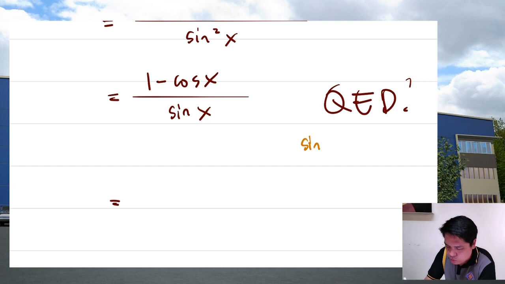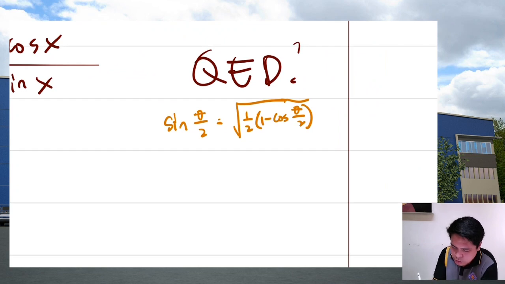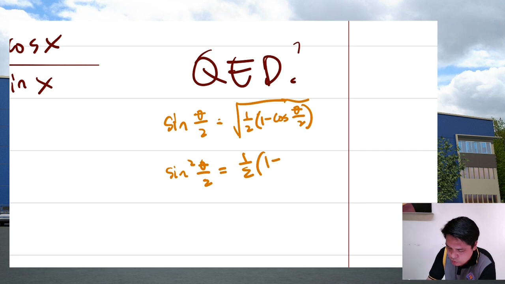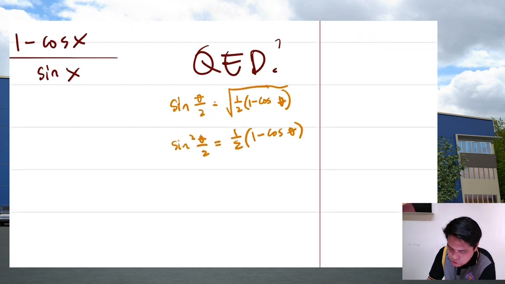The sine of theta over 2 is equal to the square root of 1 half times 1 minus cosine theta over 2. Okay? So, therefore, sine squared theta over 2 is equal to 1 half 1 minus cosine. Oh no, sorry. This should be theta. Distract lang. That should be theta. Ayan. So, this would become 2 sine squared theta over 2.